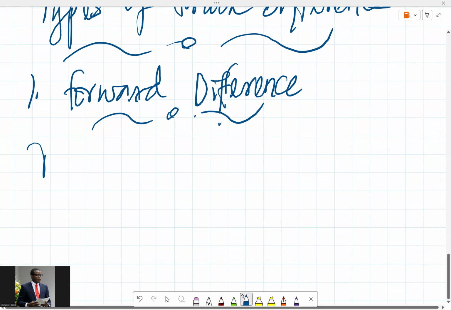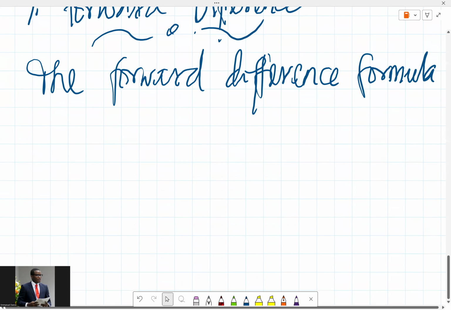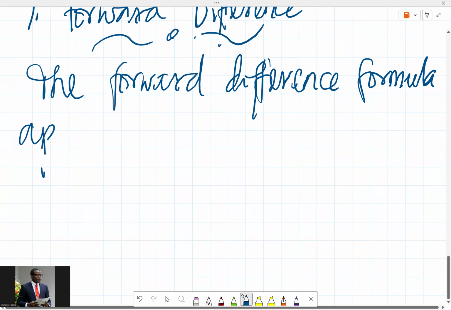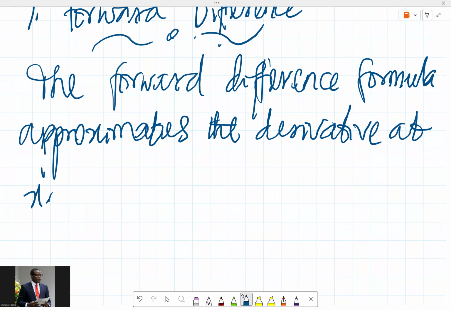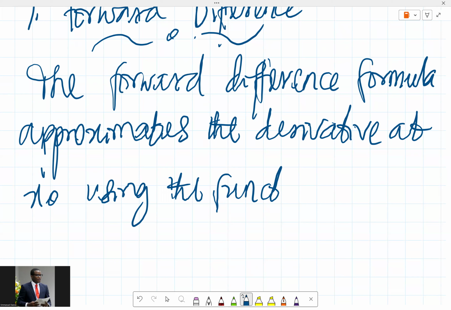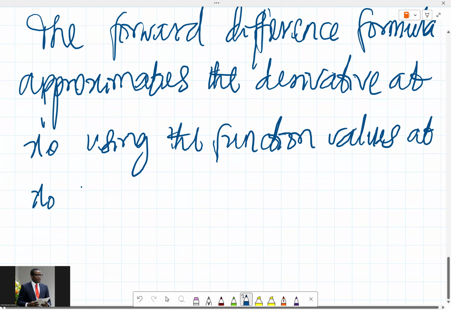The forward difference formula approximates the derivative at x naught using the function values at x naught and x naught plus h.